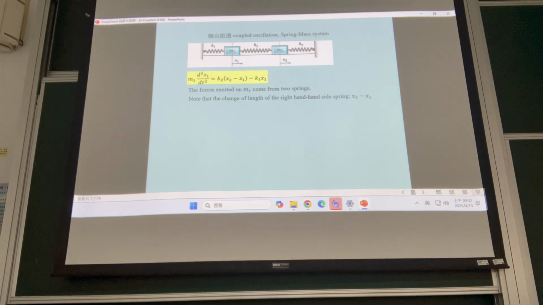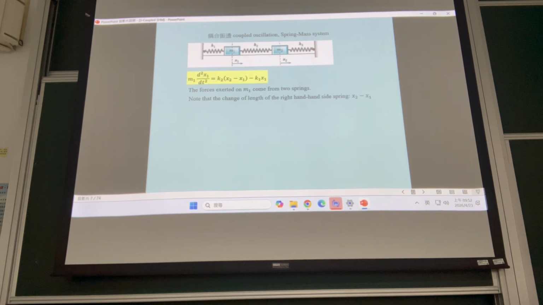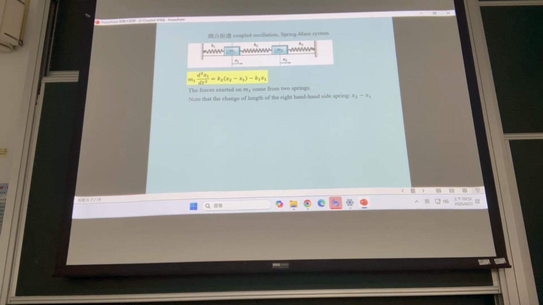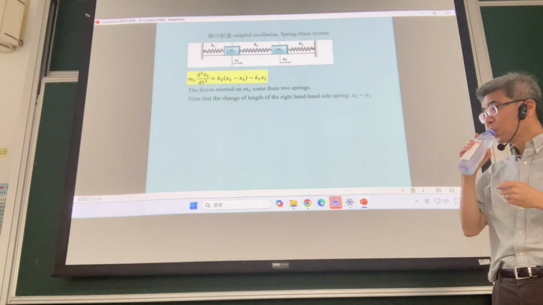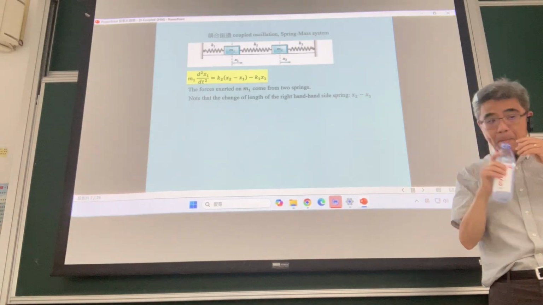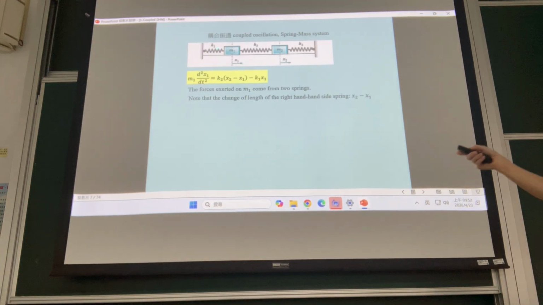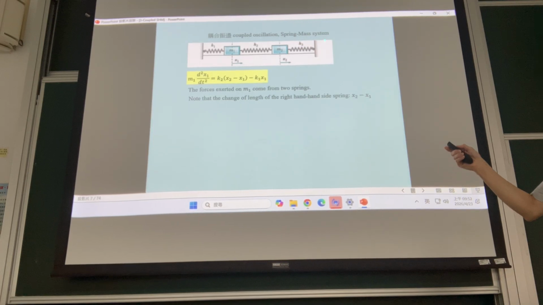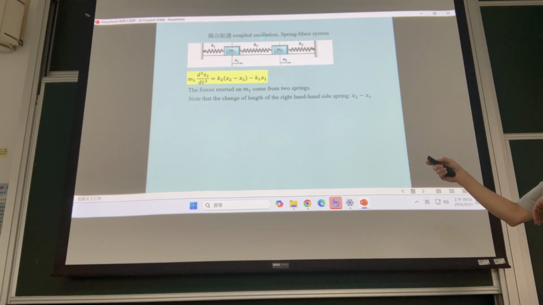Okay, so coupled system, coupled oscillation, spring mass system, whatever you call it, that's it. We have two masses, M1 and M2, and they are coupled by three springs, K1, K2, and K3. K1 is fixed on the left-hand side, K3 is fixed on the right-hand side, and K2 connects the two.